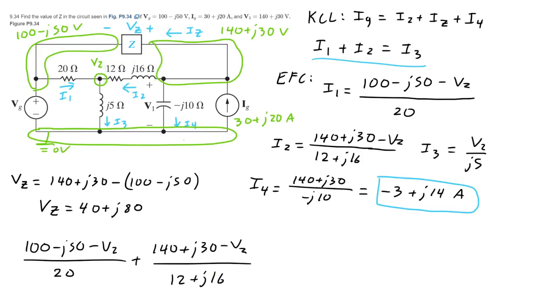They're in series, and we don't really care about this voltage over here. If we did, we could get it by finding the voltage drop across this or this using the current we calculate. Anyway, keep moving. V2 over j5. Punch that into my calculator, I end up getting V2 is 40 plus j30 volts.